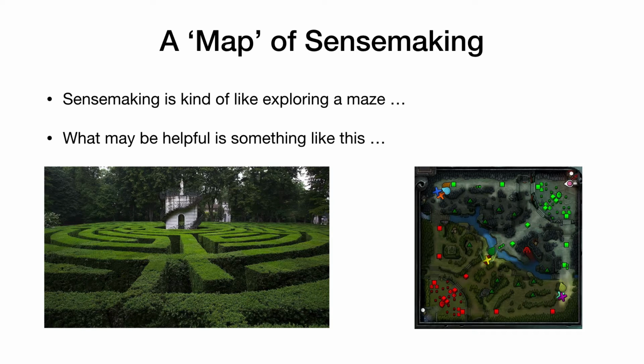This is kind of like a mini map from a game. At the beginning, everything is covered, but as you explore the map, more and more will be revealed, so you can see different paths and how they are connected. Once you have a map like this for the maze, it will be quite trivial to find the way to the center.